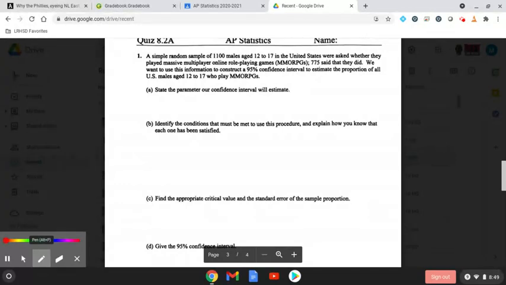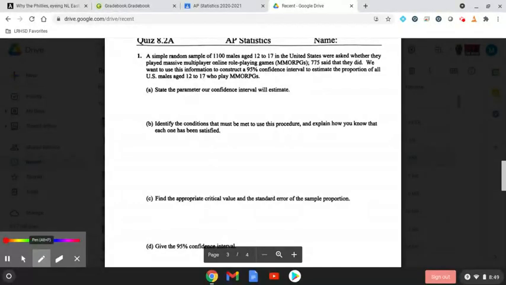Okay. So we left off yesterday in class by beginning to talk about this problem that addresses a sample of 1,100 males between the ages of 12 and 17 in the U.S. And they were asked whether they play these MMORPGs, these massive multiplayer online role playing games. Of the 1,100, 775 said yes.